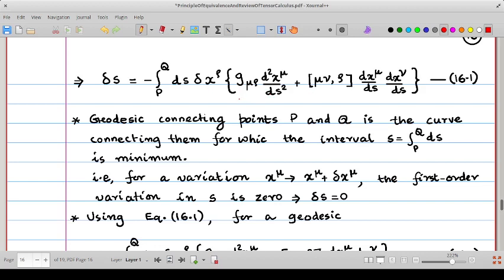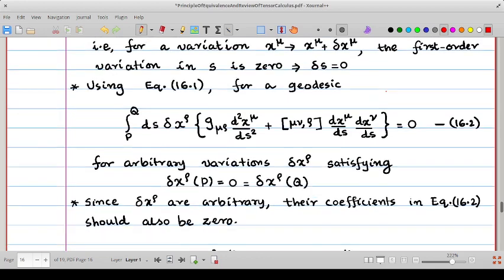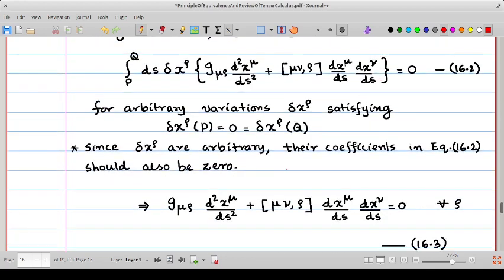And that is possible only if the quantity within the braces here is 0. Which would then mean that the quantity within these brackets, g mu rho d square x mu by ds square plus the Christoffel symbol mu nu comma rho times dx mu by ds times dx nu by ds, is equal to 0 for all values of this free index rho.